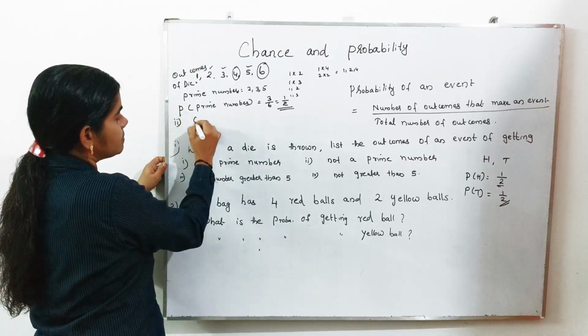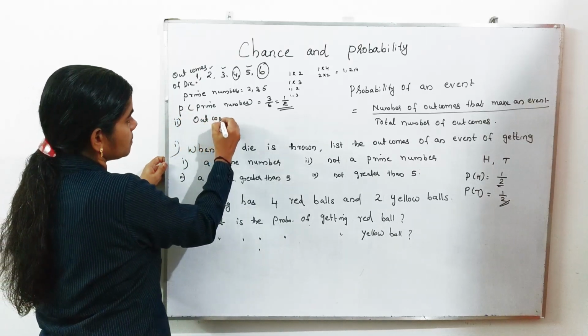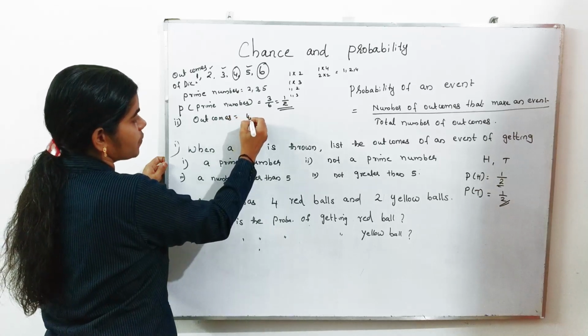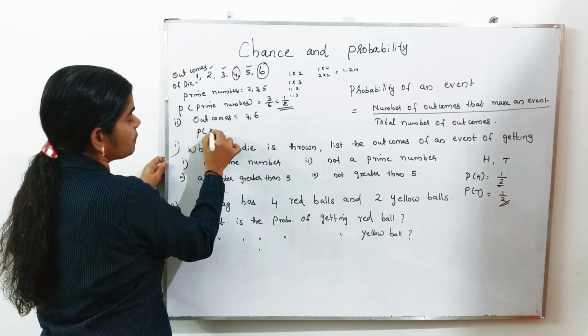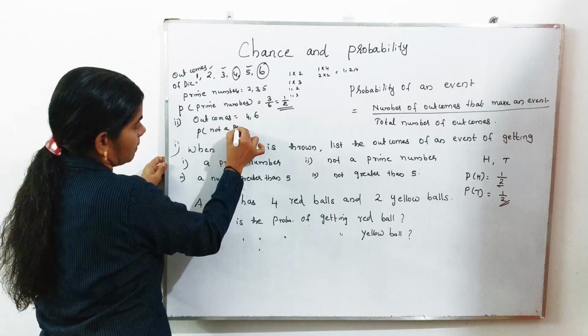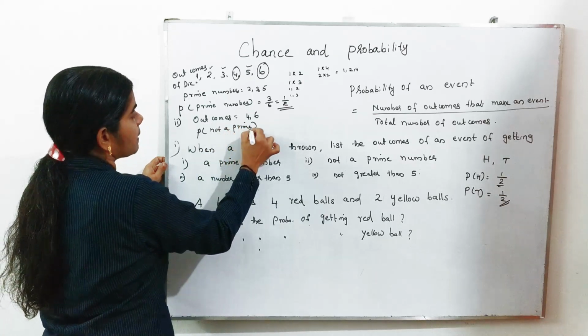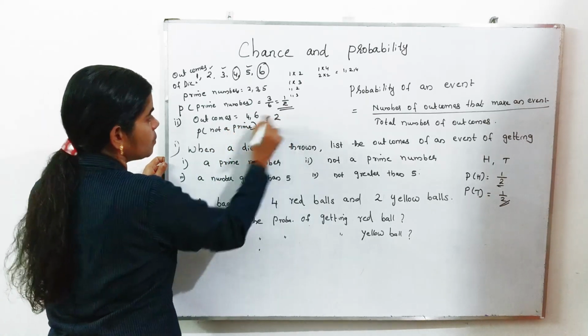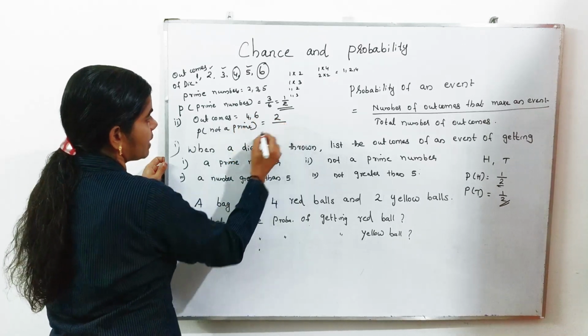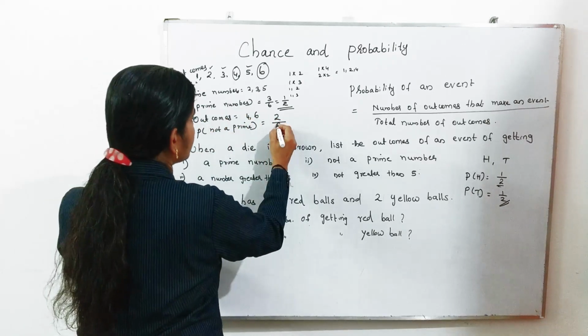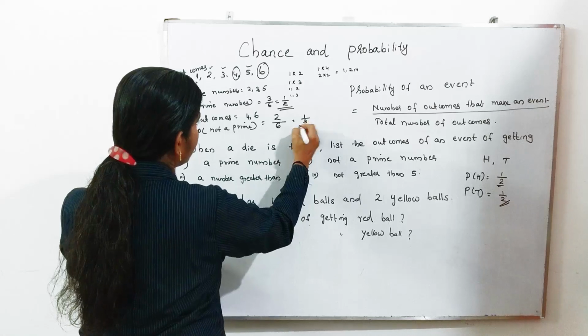So the possible outcomes are 4 and 6. Probability of getting not a prime: 2 possible numbers are there. Total how many numbers are there? 6. 2 by 6, that is equal to 1 by 3.